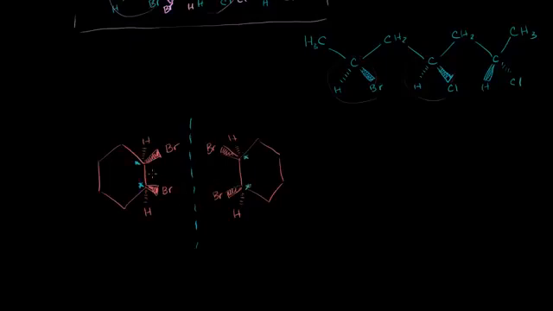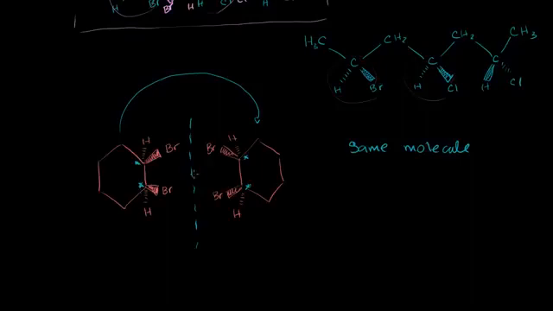But if you think about it, they are mirror images of each other, and they each have two chiral centers, or two chiral carbons. But all you have to do is flip this guy over, and you will get this molecule. These are the same molecules. So this is interesting. And we saw this when we first learned about chirality. Even though we have two chiral centers, this is not a chiral molecule.